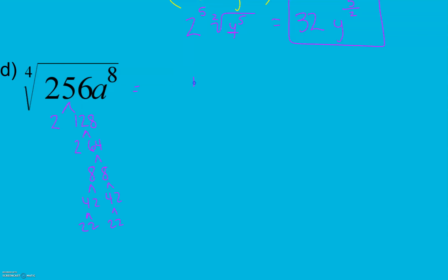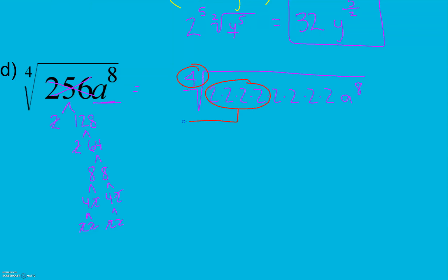So here I'm going to rewrite this as the fourth root. Instead of 256, I'm going to rewrite it as 1, 2, 3, 4, 5, 6, 7, 8 2's multiplied together. And don't forget that we still have a to the 8th power. I'm looking for groups of 4 things here.